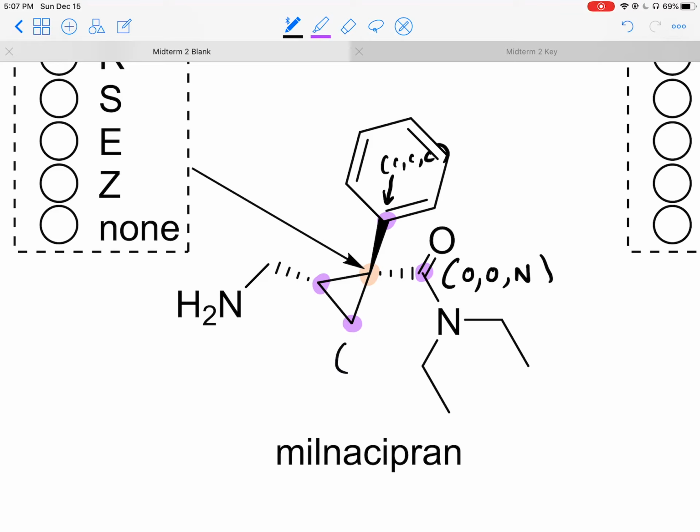This one is attached to two implied hydrogens, and it's also attached to the other purple group right there. So that's going to be hydrogen, hydrogen, and carbon, or I guess we could write carbon, hydrogen, hydrogen.